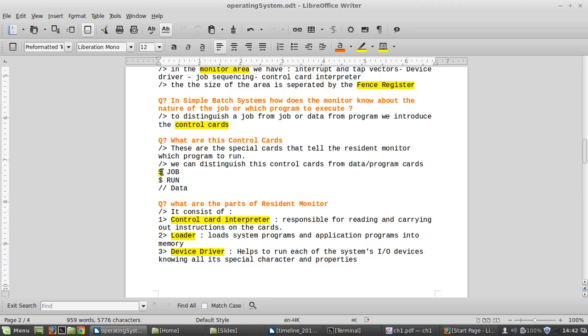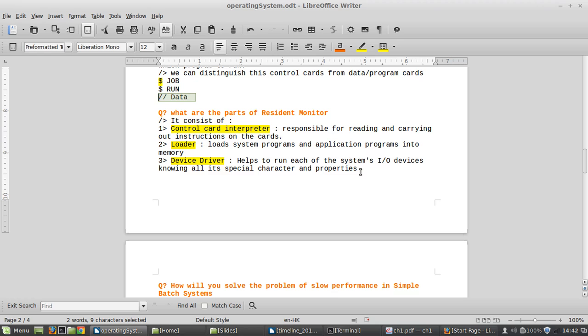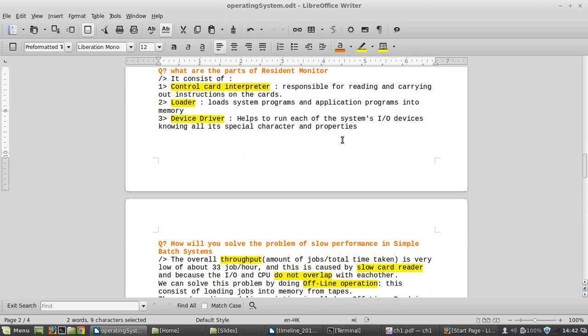And these are data, they are totally different, because a job has a keyword, that is a dollar sign, whereas data may have a different sign. From this particular keyword we distinguish that this is a job and this is data. And this kind of control card tells the resident monitor that these programs must be executed, or that control must be passed to this program.